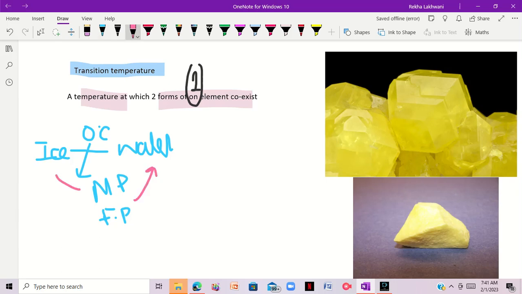At 0 degrees Celsius, ice starts to melt and water starts to freeze.